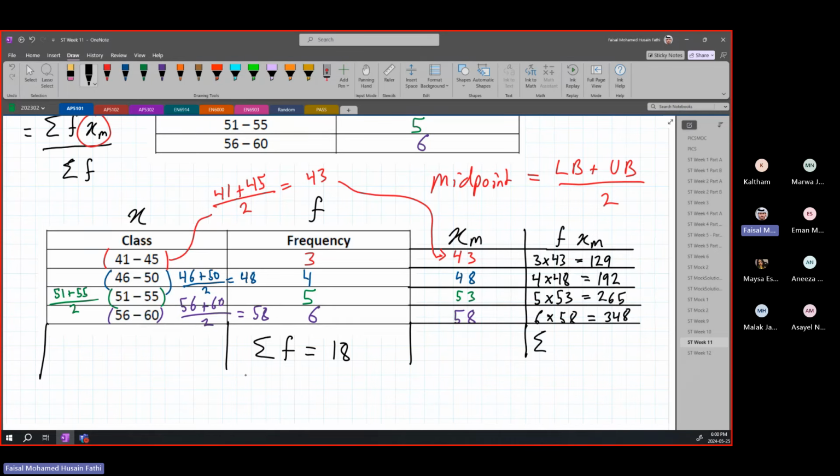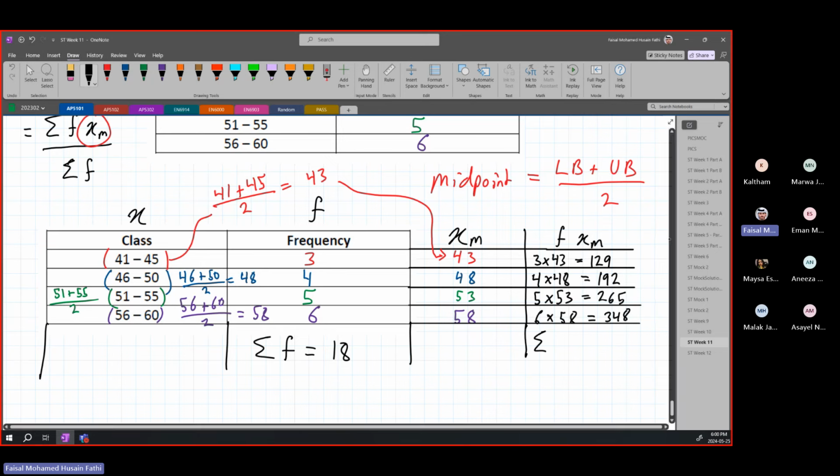All right. So this, you're going to multiply it with the frequency. I mean, you're going to just add them all up after multiplication. So 348 plus 265 plus 192 plus 129. This is equal to 934. All right. So this is sigma fxm. Okay, is equal to 934.